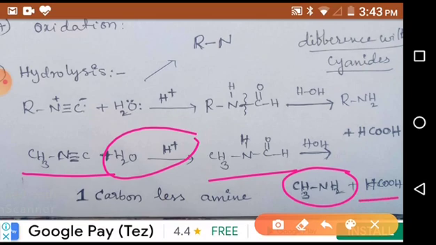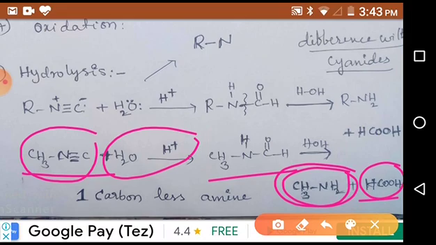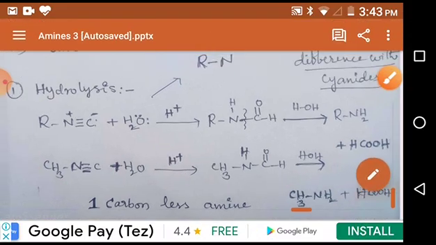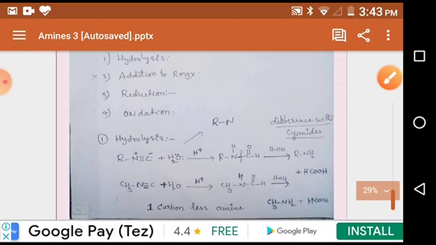The isocyanide has two carbons, but the amine has one carbon. So one carbon leaves the substrate as formic acid. Detecting formic acid indicates it may be an isocyanide. This is the hydrolysis test.